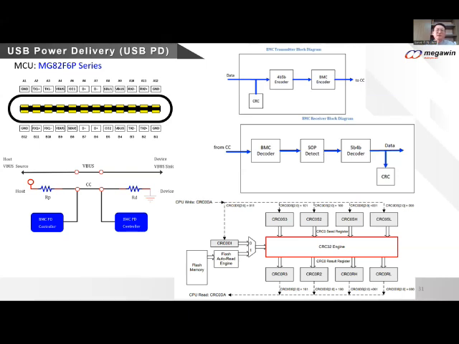Okay, so in this application, you need to have the CC communication decoder and encoder. This is the USB VBUS, the power, and this is the CC pin. You can communicate through the BMC encoder, and you can also decode the BMC, do SOP detect and data format transfer.